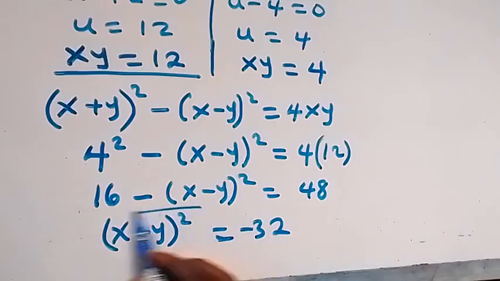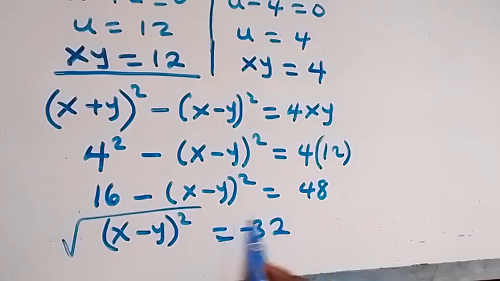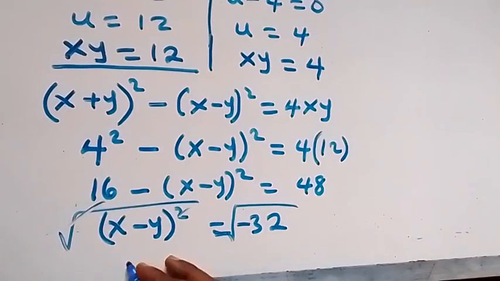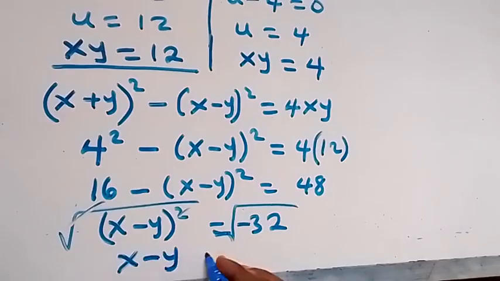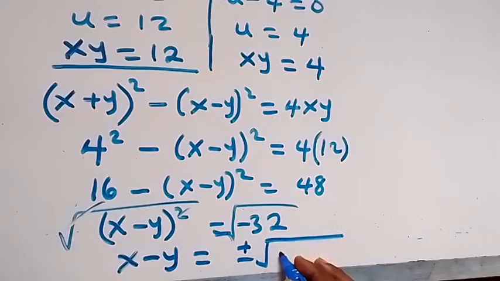Then we square root both sides. So when we take the square root on both sides, the square will cancel the square root here. Then this will now be x minus y equals plus or minus root of minus 32, and this will be 16 times 2, then times minus 1.